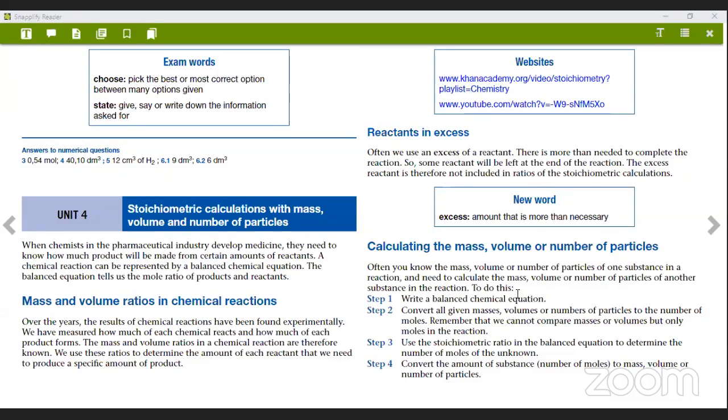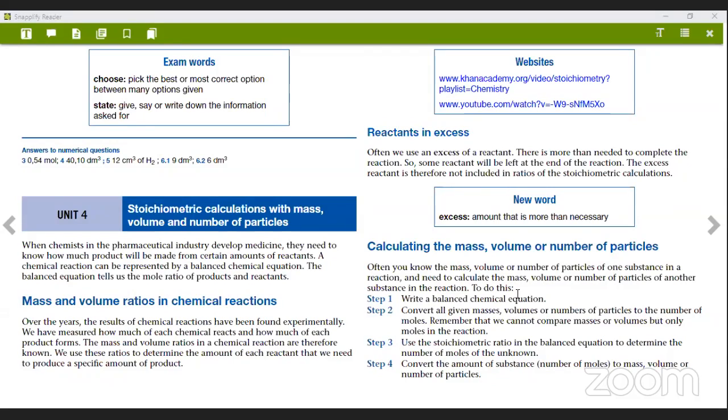First of all, you write your balanced equation, and then number two, you convert all given masses, volumes, and numbers of particles to the number of moles. So basically, if they have given you something in grams, what are you going to do? You're going to use that formula: n equals mass divided by molar mass, and then you get the number of moles.